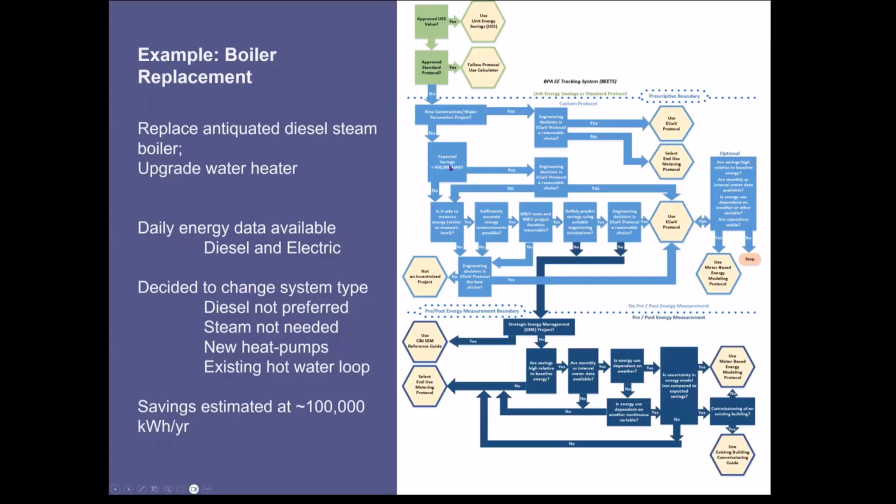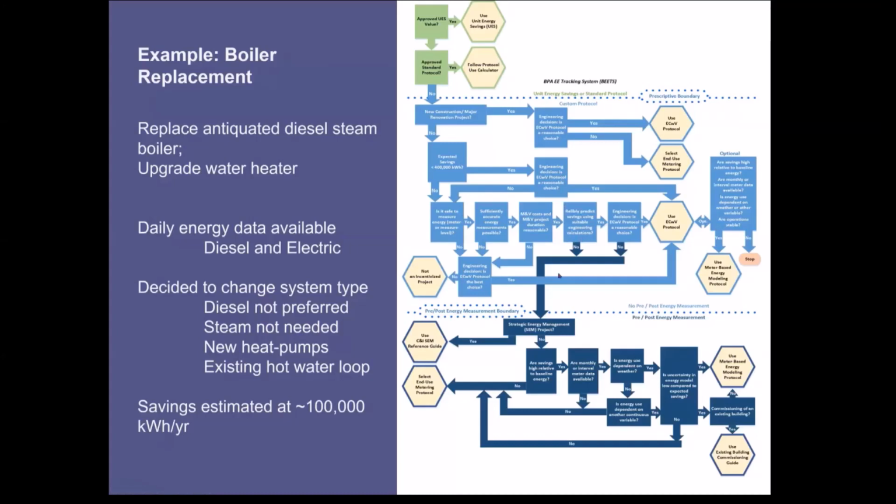So if you come down here, our expected savings are less than 400,000 kilowatt hours. So we'll come over and we'll say, well, okay, is EC with V a reasonable choice? And we're going to say no, it's not. And if you come down here, you'll see you cannot reliably predict savings using engineering calculations.